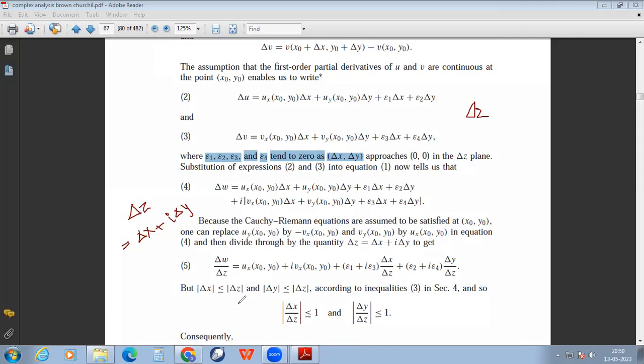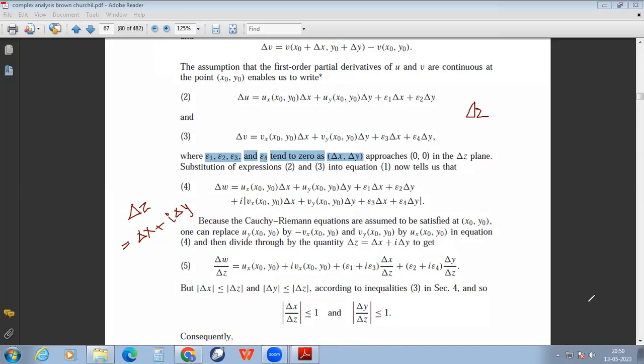Are you getting me? And the modulus of the imaginary part will also be less than this modulus because it is actually a combination of these two. So we use these facts that the modulus of this ratio has to be less than or equal to 1. The modulus of this ratio is also less than or equal to 1. So this you have actually written in your notebooks very properly.